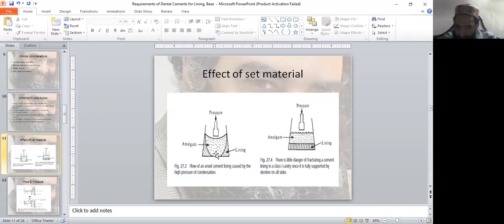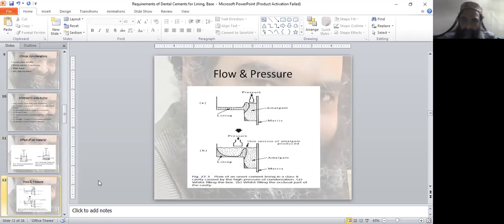What will happen? The lining material will go towards the sides, and the amalgam will contact directly to the base of the cavity. This is the base of the cavity. Now flow and pressure, again, as we have described, the same thing happens here.